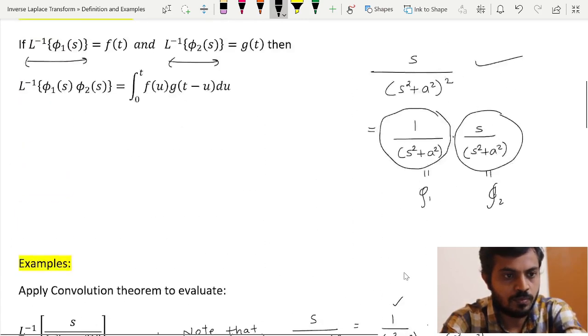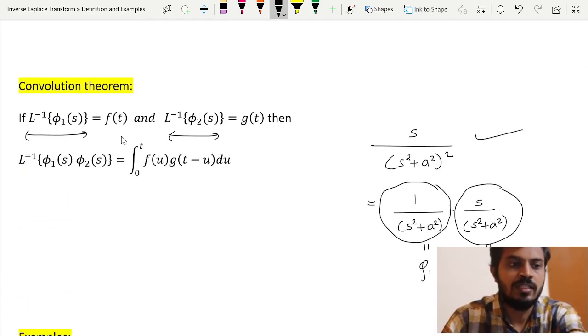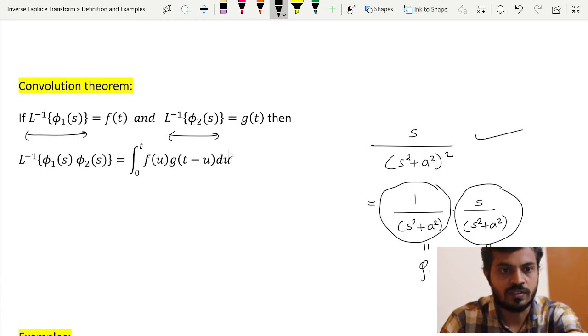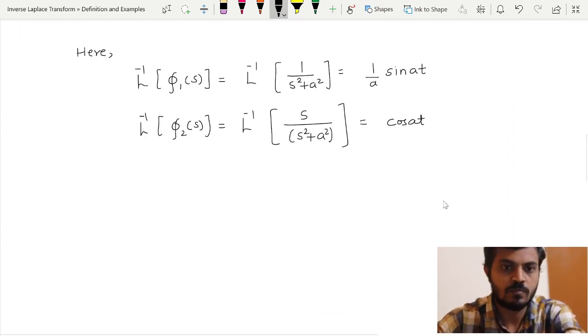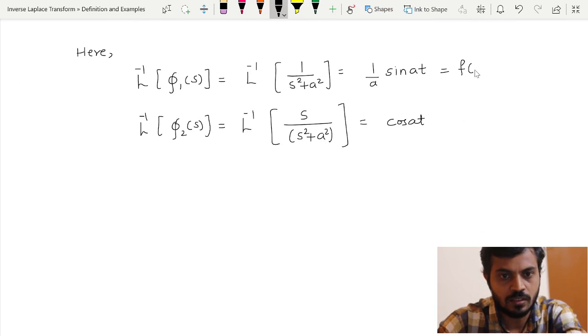Now see our theorem properly. We are calling L inverse of phi 1 of s as f of t and L inverse of phi 2 of s as g of t. So let us do that immediately then. This is equal to f of t and this is equal to g of t.